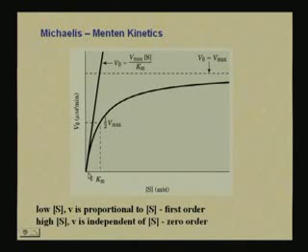Now, as you increase the substrate concentration, because the enzyme has limited capability in taking in or forming an enzyme-substrate complex, this will reach a limiting value. And this limiting value is dependent on the total enzyme concentration that is available to you, and this is V max, the maximum velocity available.